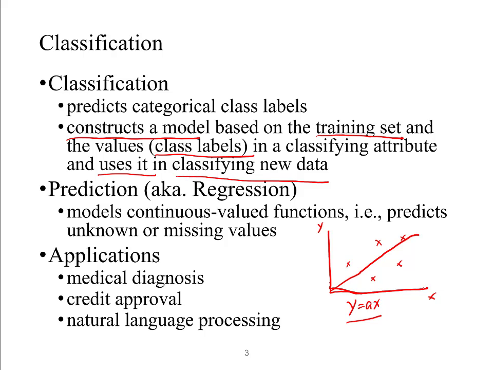For example, when x equals x1, we would know the corresponding y1 based on the learned linear function. And for classification, it's different because what we predict is the class labels. So you would take an item or an object and you predict its label.